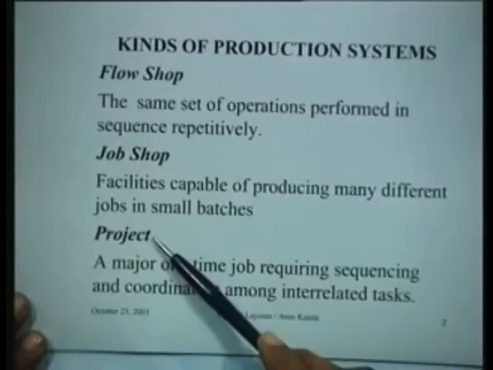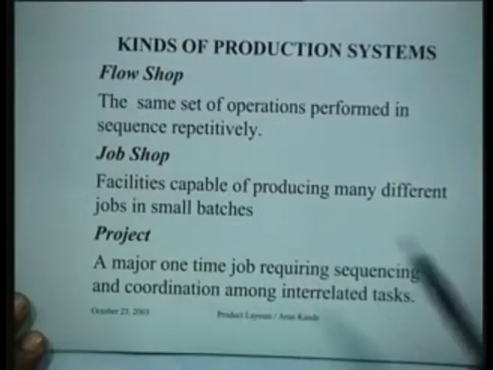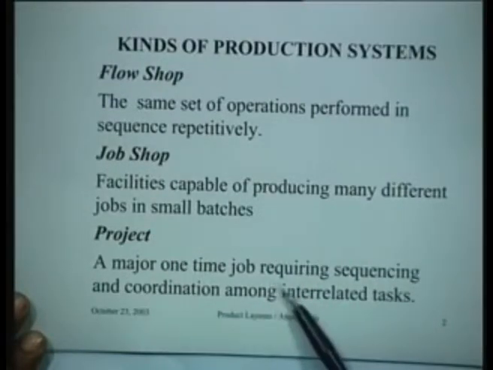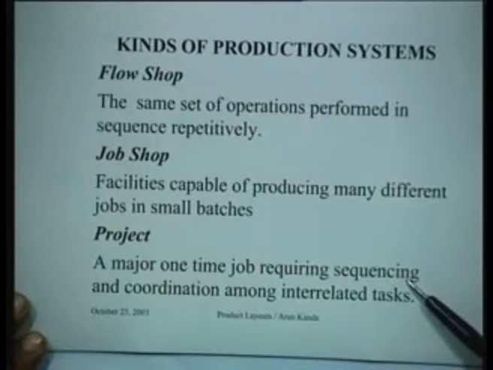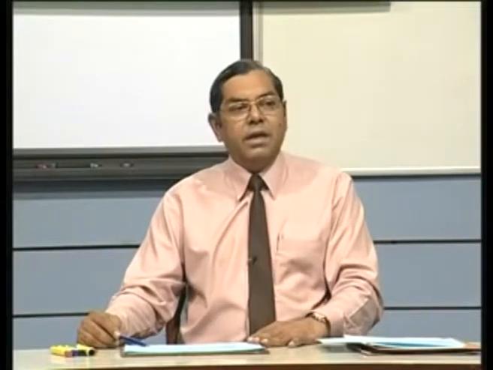Of course, one can have a production system which is totally distinct, and which is a project, a major one-time job requiring sequencing and coordination among interrelated tasks. Now in a project, things are done once and for all, and there is no need for repeating whatever you are doing.